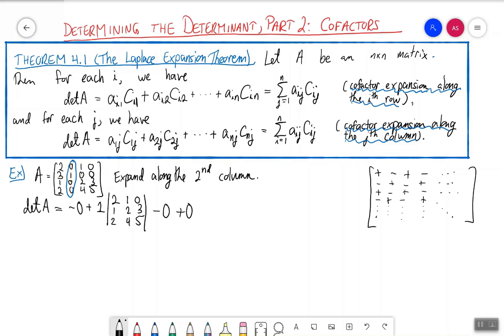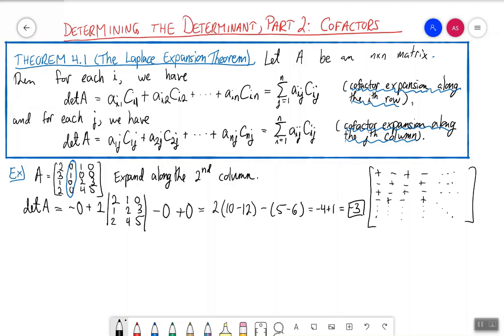So we can now continue with what we know about how to compute the determinant of a 3 by 3 matrix. And this is now 2 times, let's see, 10 minus 12, minus 5 minus 6, which is negative 4 plus 1, which is negative 3, just as we got in the previous example.